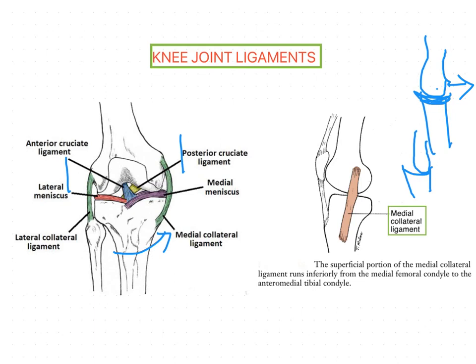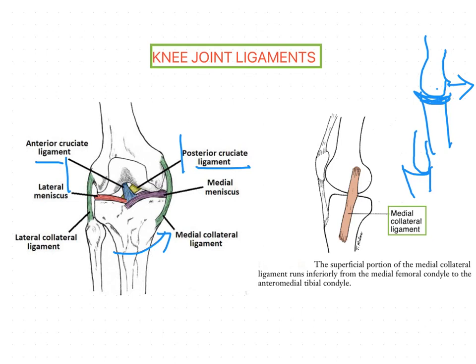It also has some very important cruciate ligaments, that is the anterior cruciate ligament and the posterior cruciate ligament. On the posterior side we will find the posterior capsular ligaments.